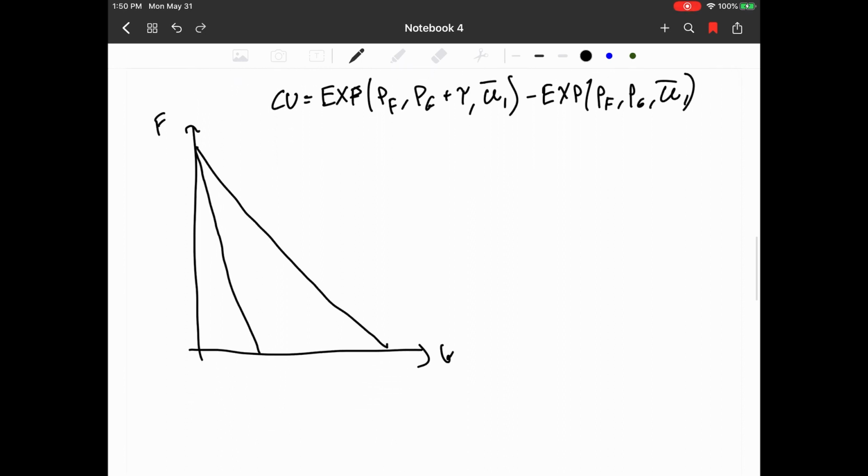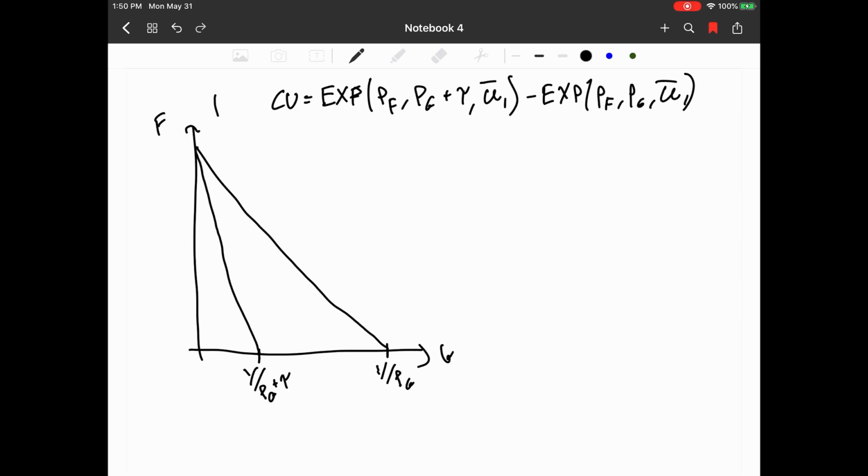So our x-intercept originally was y over pg, and now it's y over pg plus tau.